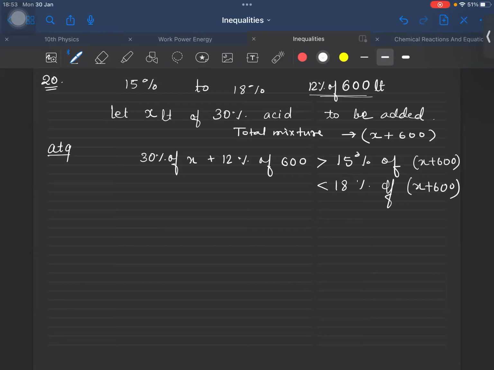So 30% of X, how do you write? 30 into X upon 100, plus 12% of 600 is 12 into 600 upon 100, should be greater than 15% of X plus 600, so 15 upon 100 into X plus 600. Solve this one.